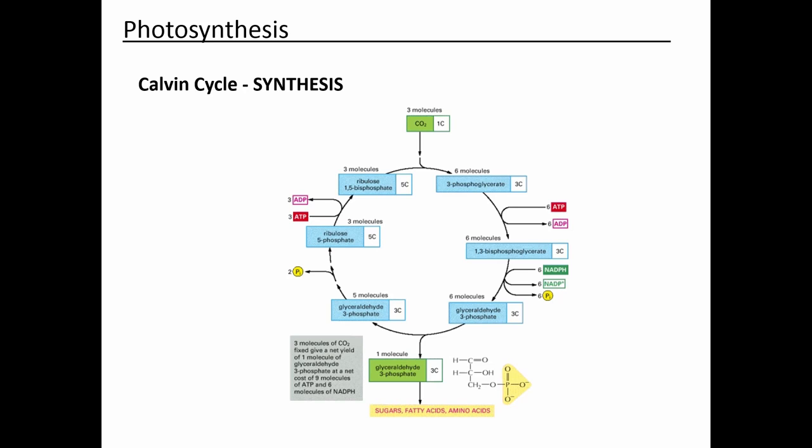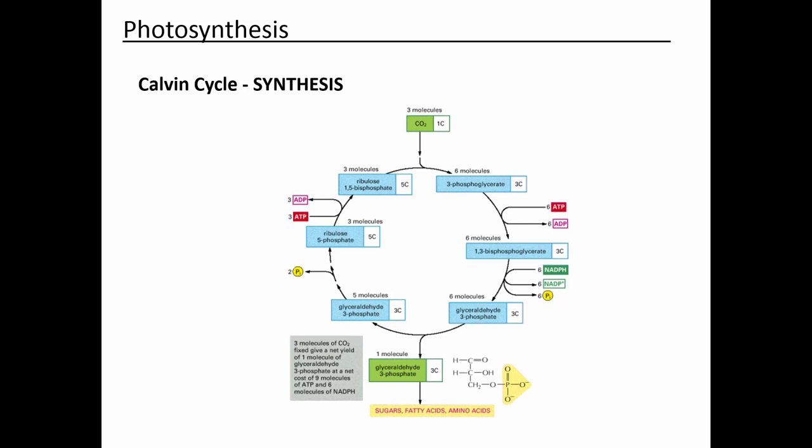The second stage is reduction and carbohydrate production. And this is the stage in which you actually produce glyceraldehyde 3-phosphate. So the important product of the Calvin cycle actually gets produced in the second stage of the Calvin cycle. So again, reduction and carbohydrate production, and the carbohydrate that we're referring to is glyceraldehyde 3-phosphate.